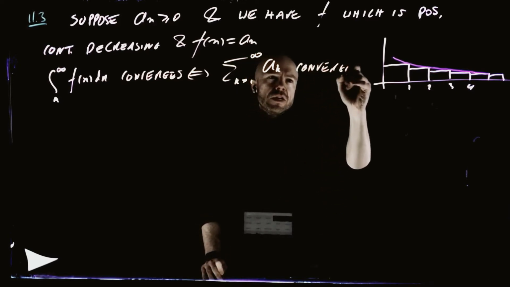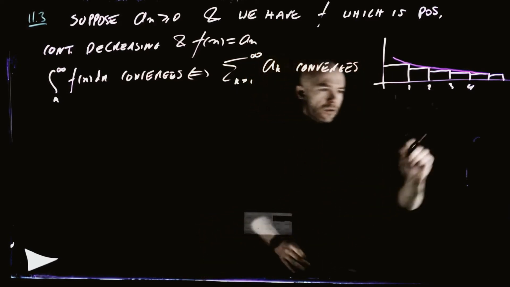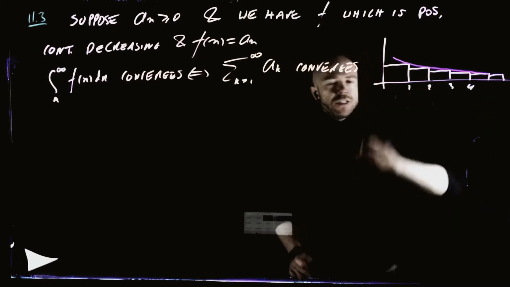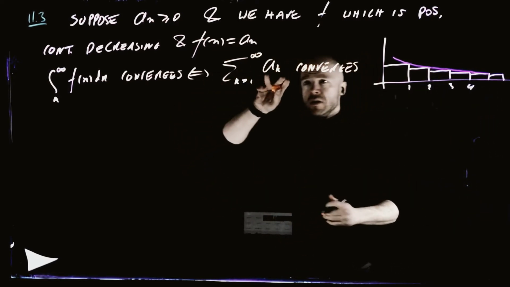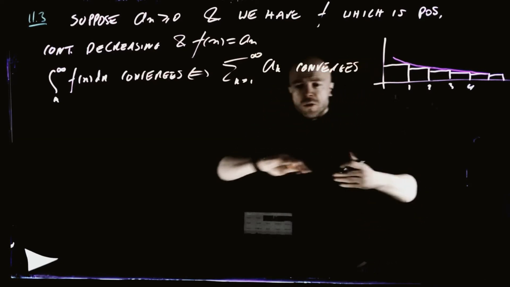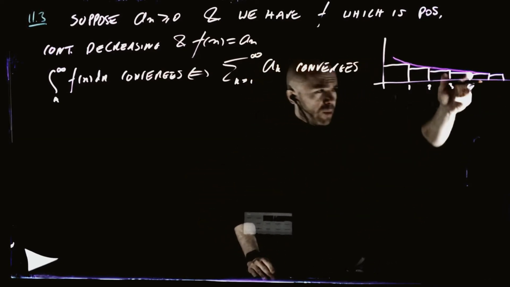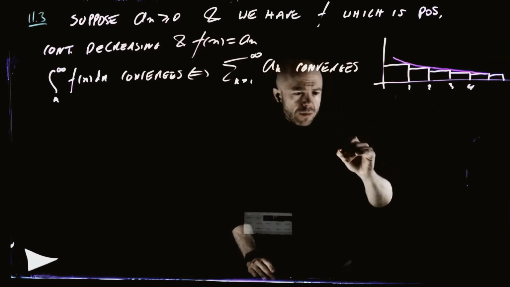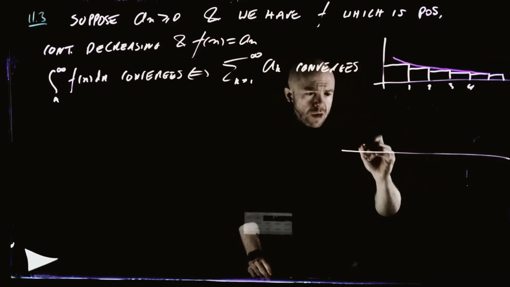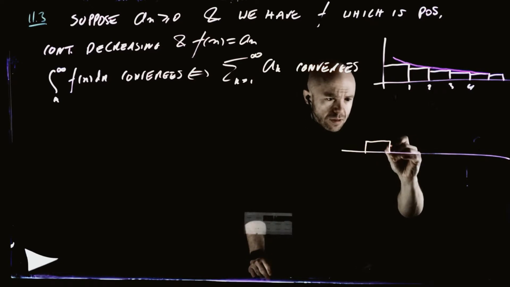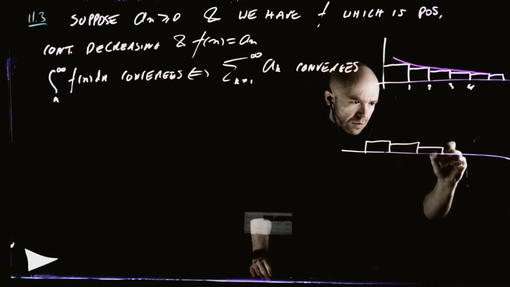Okay, that's the integral test, but the cool thing about it is that we have actually a way to approximate how close this series is to its partial sum using this stuff. So let's sort of expand this picture to the right. So imagine I'm looking at this picture to the right and I have these blocks. So I'm blowing them up a little bit like this.